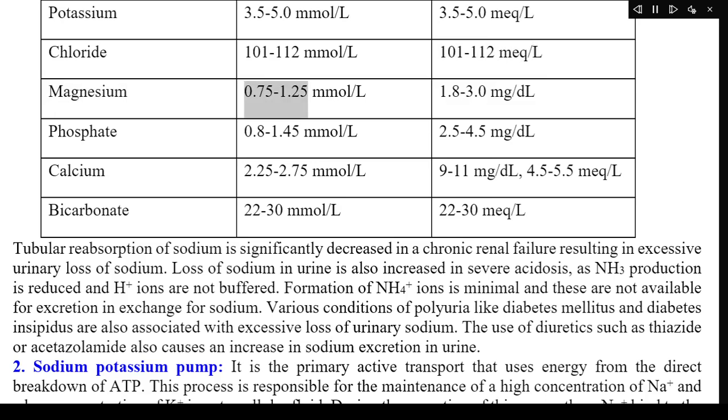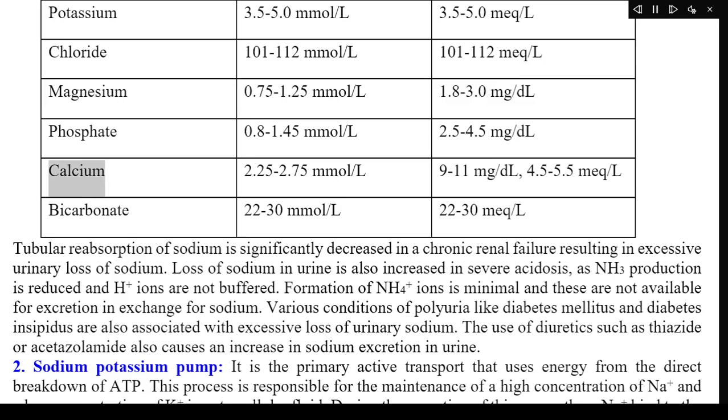Magnesium: 0.75 to 1.25 mmol/L, 1.8-3.0 mg/dl. Phosphate: 0.8 to 1.45 mmol/L, 2.5-4.5 mg/dl.